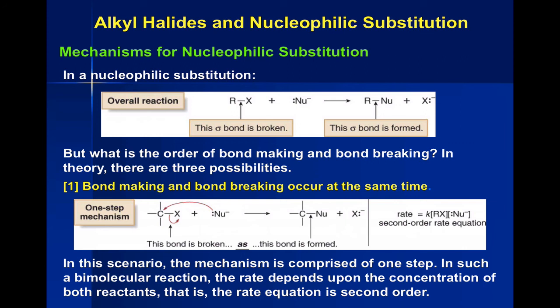And so we could figure out if this mechanism was true for these reactions by doing what? Let's say I think that this is a second order reaction. How could I prove that? Run it, double everything, run it again, see if the rate changes. You did this in Gen Chem, right?